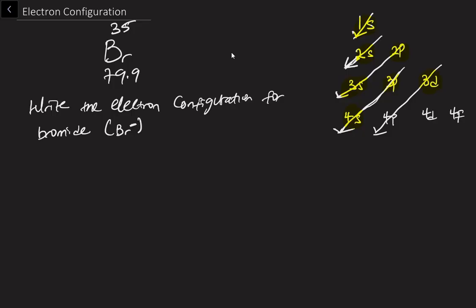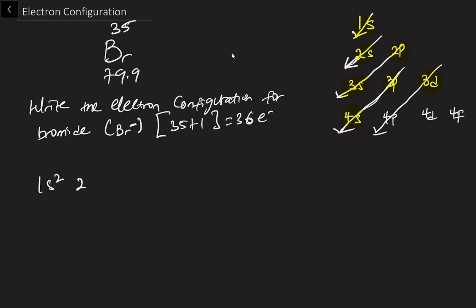Minus means it's gained 1 electron. Minus 2 for an element will mean the element has gained 2 electrons. In this case, bromide means it's gained 1 electron, so that means 35 plus 1, 36 electrons. So let's write that.